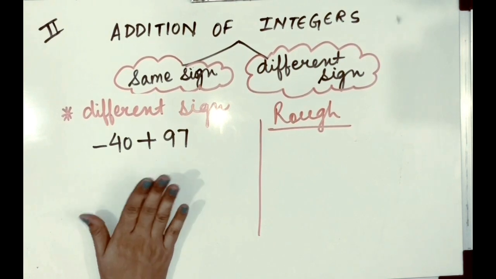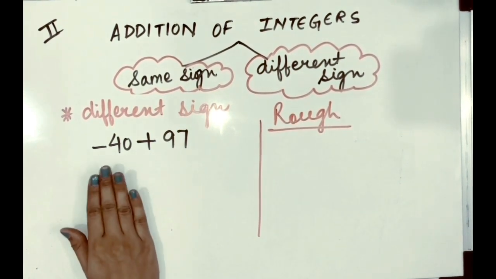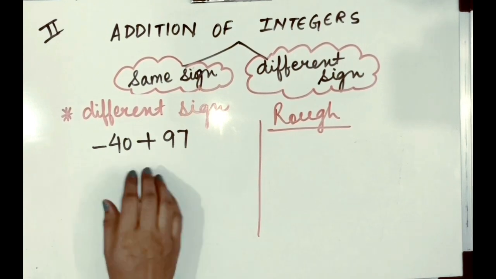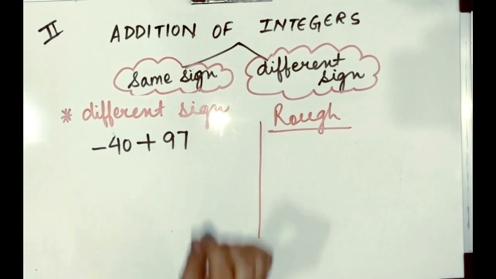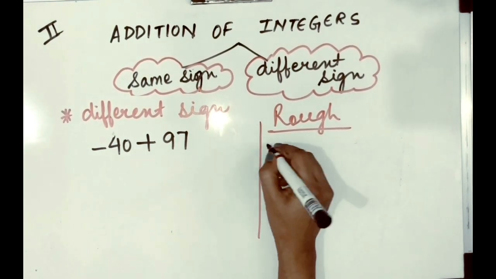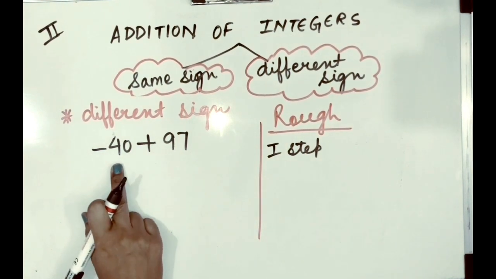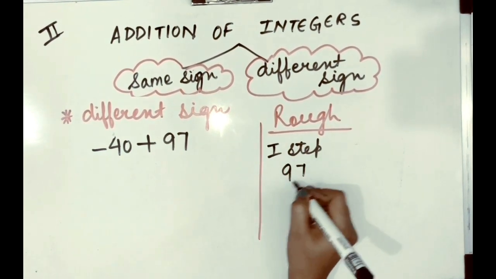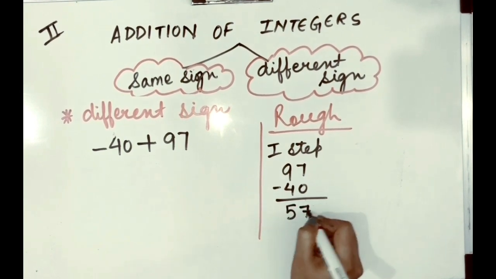So in this case what we are supposed to do is, first we will subtract the smaller value from the greater value. Do not see the sign, simply you have to subtract the smaller value with the greater value. So the first step is we'll subtract the smaller value with the greater value, that is 97 minus 40, and the answer will be 57.